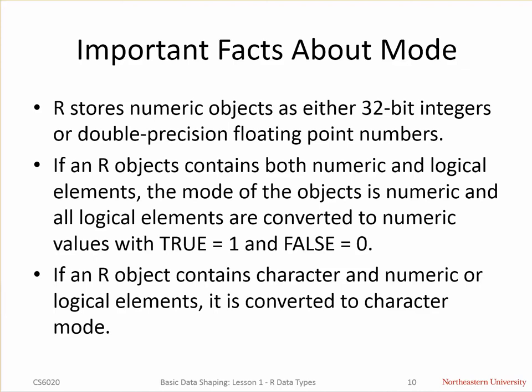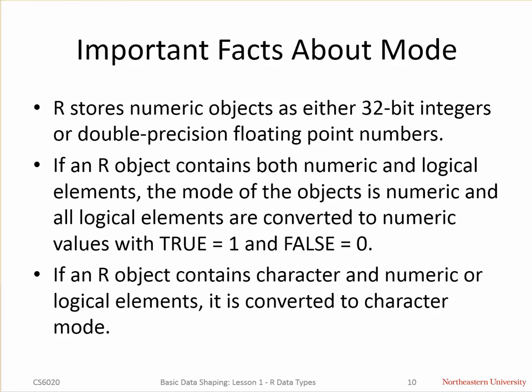If it's not using a decimal, then you get a 32-bit integer. If an R object contains both numeric and logical elements, then the mode of the object is numeric, and all logical elements are converted to numeric values, with TRUE being 1 and FALSE being 0. So this is an example of automatic conversion from one mode to another.